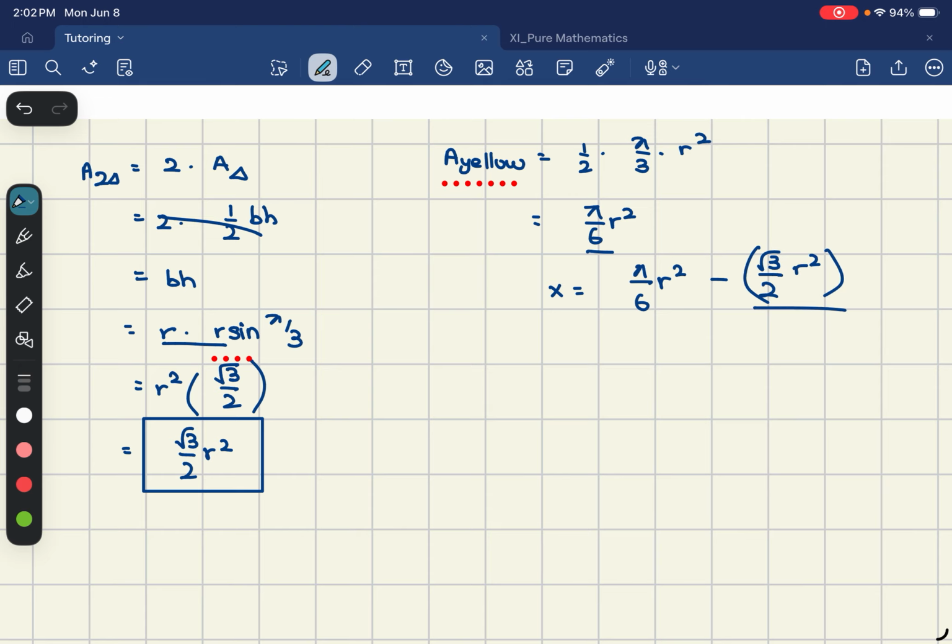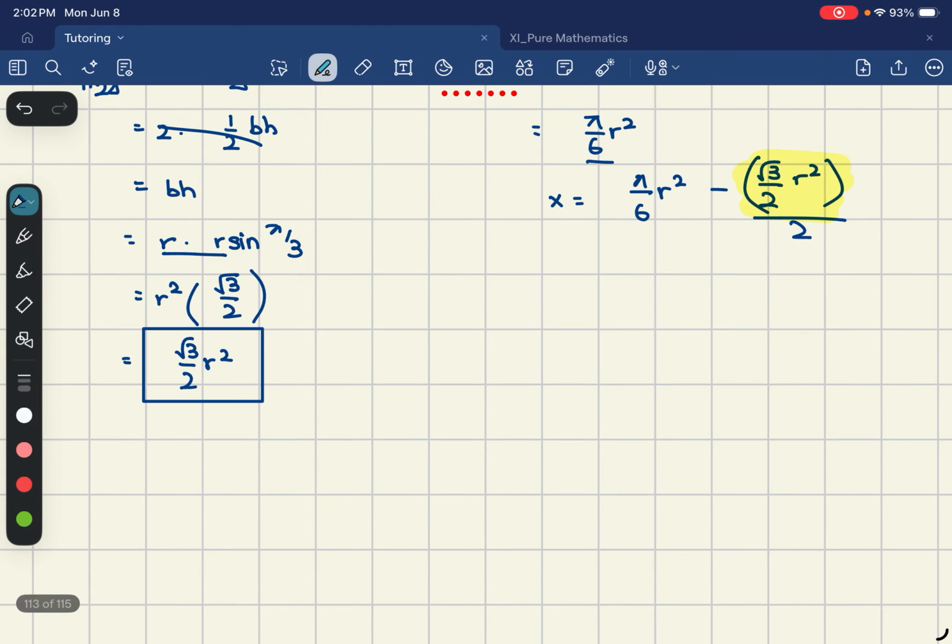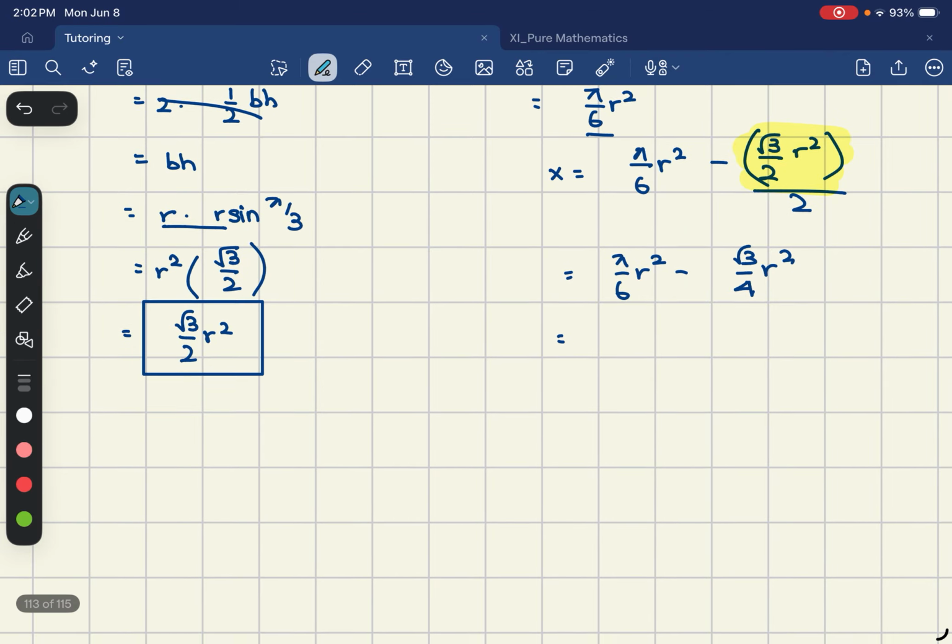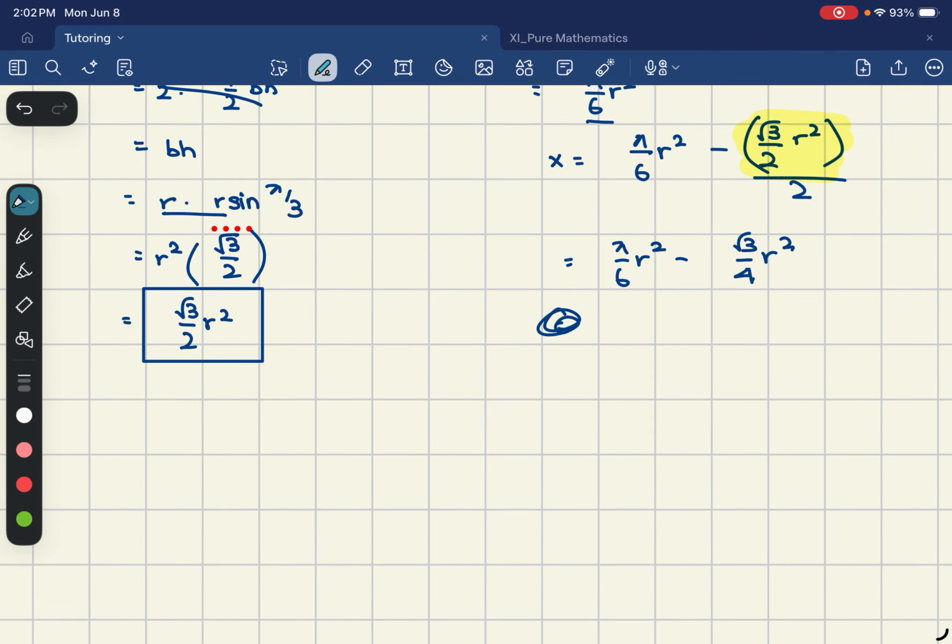So this divided by 2. Remember, this was the area of two triangles. So if I want to find the area of one triangle, I need to half it. So to find x, I will get root 3 over 2 divided by 2, so root 3 over 4 r squared. So x is going to be this expression.